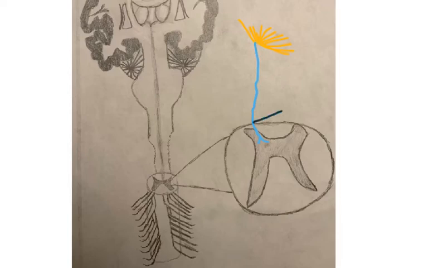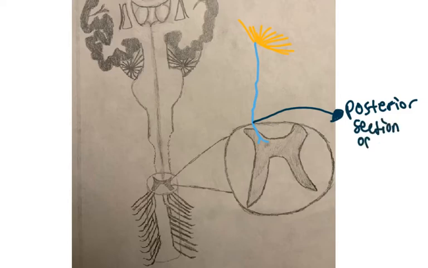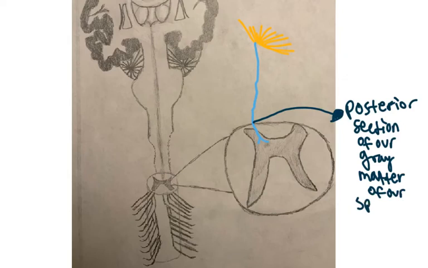It comes into the posterior or dorsal section of the gray matter of our spinal cord. So this is where we're going to be at this moment, talking about a polysynaptic reflex arc.